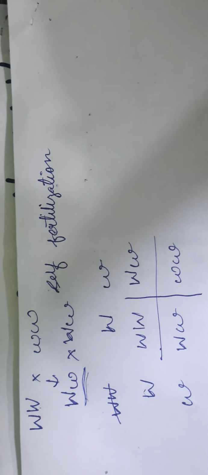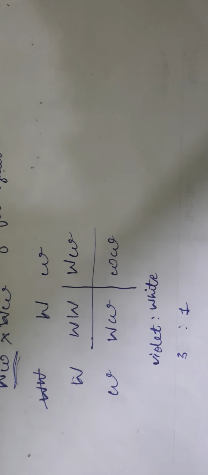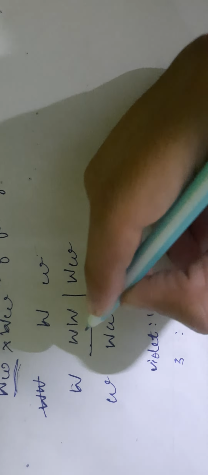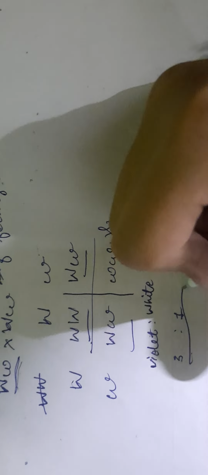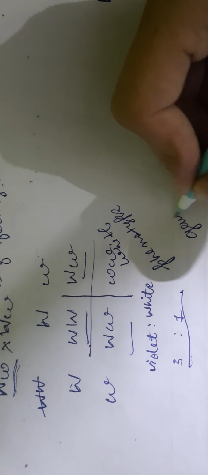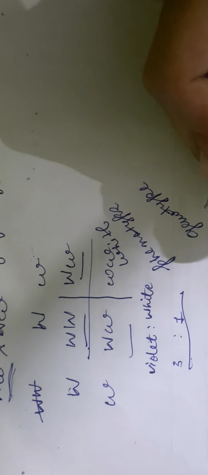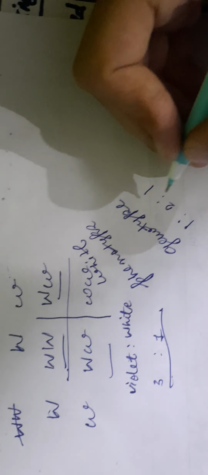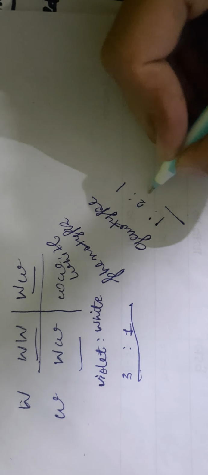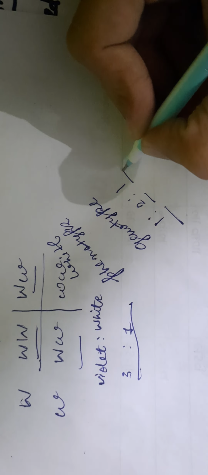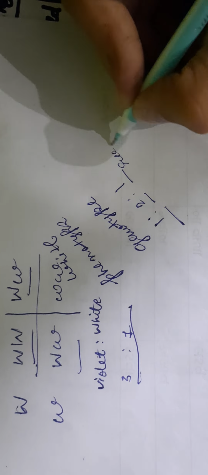When this is self-fertilized, I have again made a Punnett square. You can see here 3 will be purple and 1 will be white. So the phenotypic ratio is 3:1, and the genotypic ratio is the same as you did earlier for tall and short plants, that was 1:2:1. 1 is for homozygous dominant, 2 is for heterozygous, and 1 is for homozygous recessive, okay?